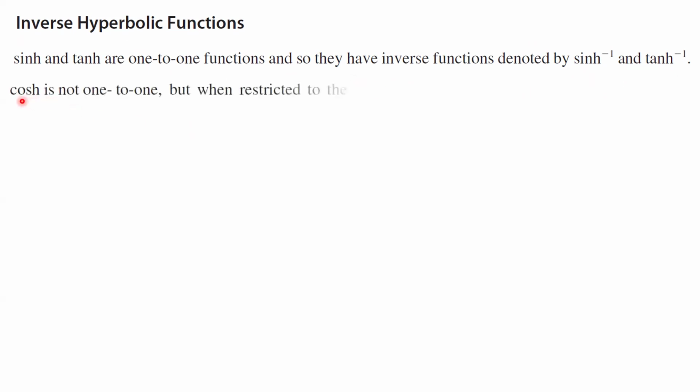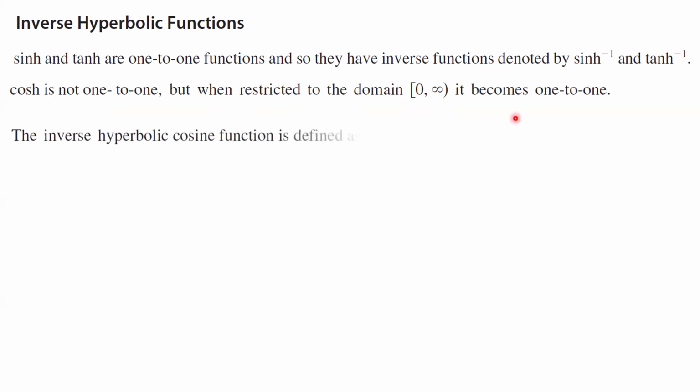Remember that the behavior of hyperbolic cosine was like a parabola, so in general, it's not one-to-one on its domain, but you can restrict the domain to 0 and positive infinity, and it becomes a one-to-one function. The inverse hyperbolic cosine function is defined as the inverse of this restricted function on the right-hand side.